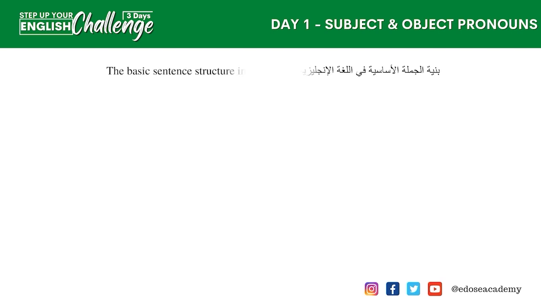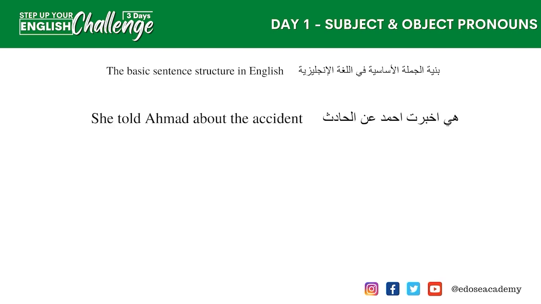Now, remember we said that the basic sentence structure in English is as follows. For example, she told Ahmed about the accident. She is the subject. Told is the verb. Ahmed is the object. Now, what if we want to replace Ahmed with a pronoun?